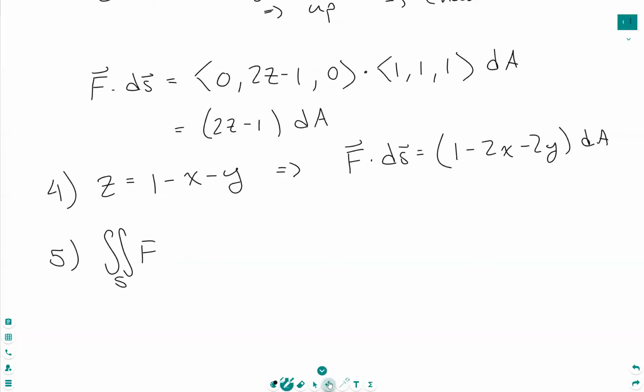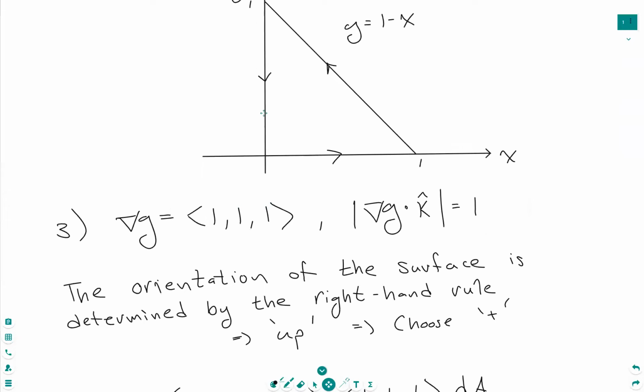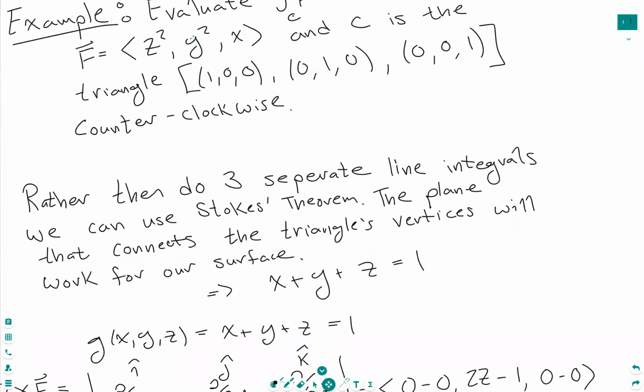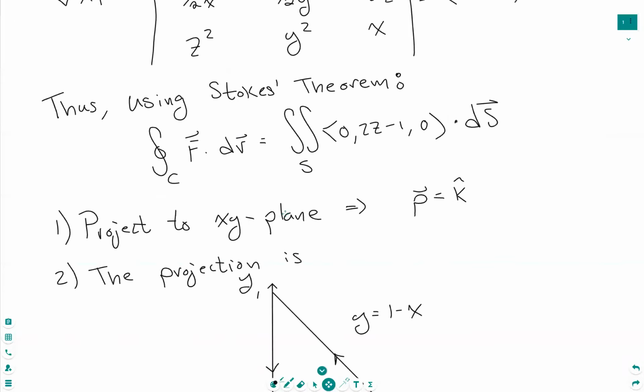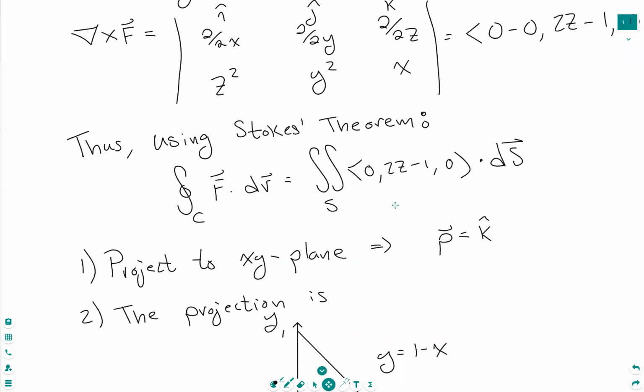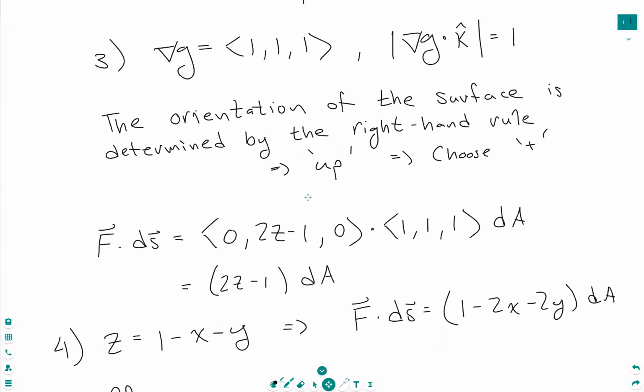I guess I've done a little bit of an oopsie here because I said that f was this thing here, and then I calculated the curl of f, and that's what this should have been.